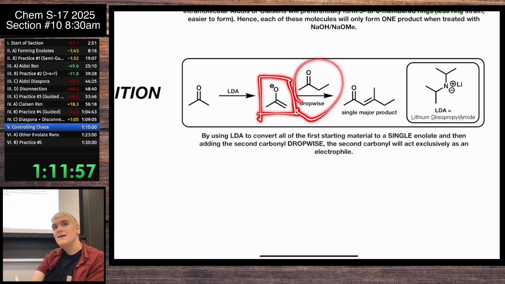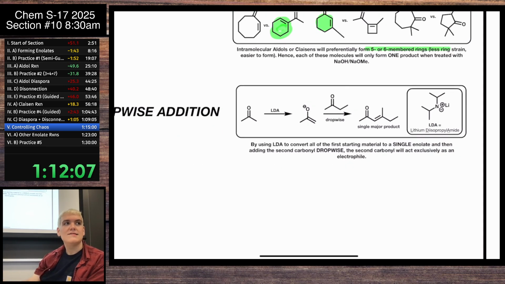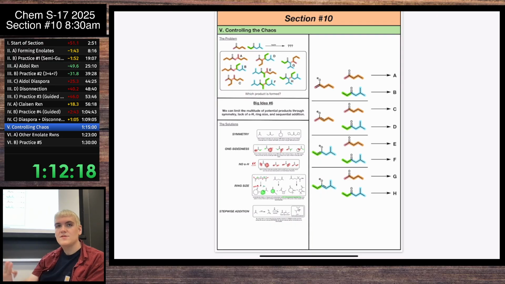If you dropwise add in the electrophile, it doesn't have the chance to get turned into an enolate itself. We know that this is going to be the thing that's attacked. But this is covered a lot more in other classes, ones that spend like 2.5 weeks on enolates. We don't cover it as much. But big idea, there's a lot of chaos, and we need ways of controlling it.